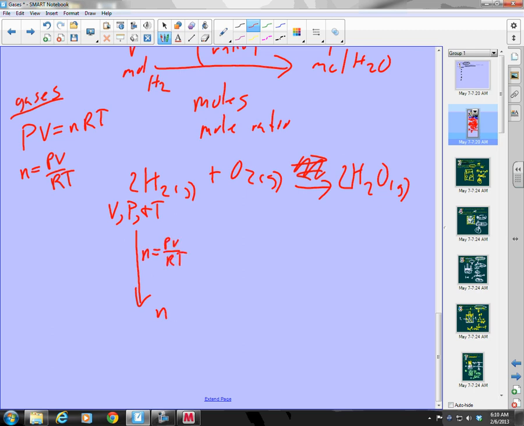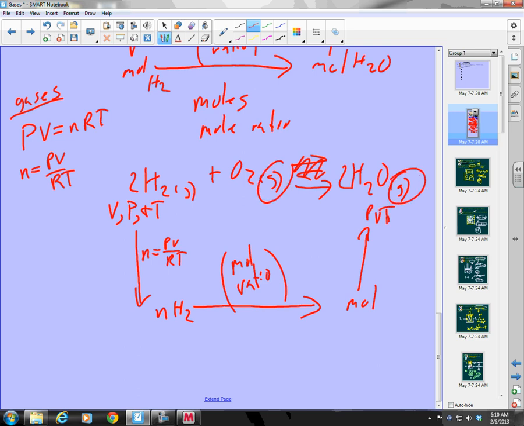And then once I have moles of my H2, I could go anywhere to get moles of anything else using the stuff we know already, mole ratio, right? And now I can go from moles to P, V, or T as long as they are gases. If they're not gases, I can only go from moles to grams or moles to particles. Got it? Okay, let's see it in action.